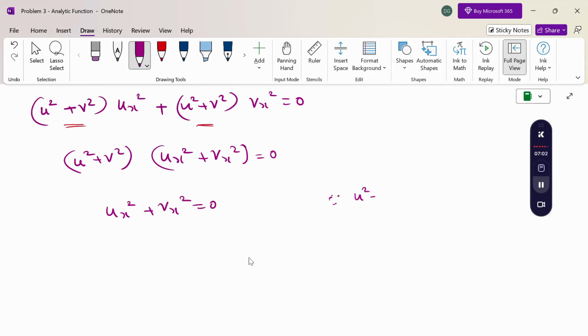Since u square plus v square equals c square is not 0, therefore ux square plus vx square equals 0.